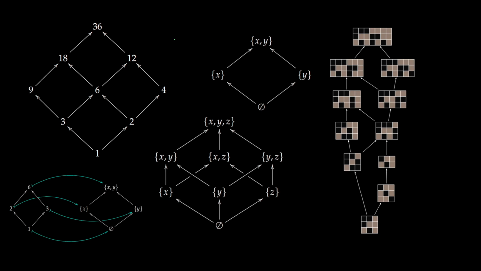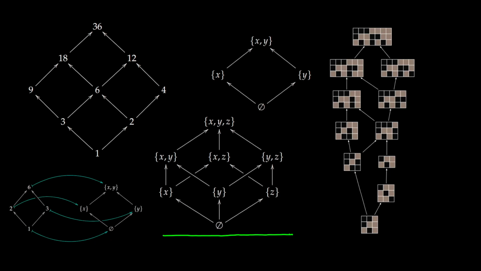So here on the screen, you'll see just several examples of how partially ordered sets can be illustrated. For instance, here is the partially ordered set associated to the divisibility relation on the divisors of 36. And there are also other examples. For instance, here is the partially ordered set associated to the subsets of a 3-element set.